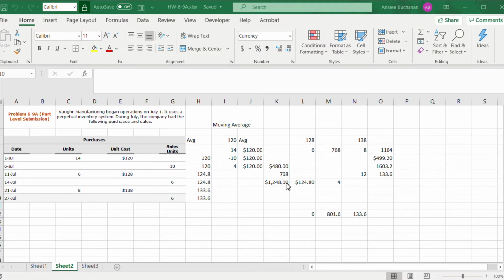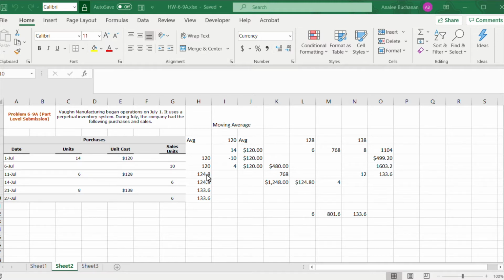Then because there are 10 units left, 6 plus 4 equals 10, we divide the 1248 by 10, and we get 124.80. So the new average is 124.80.